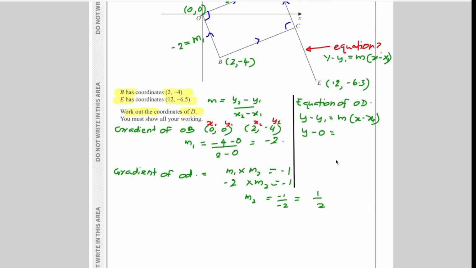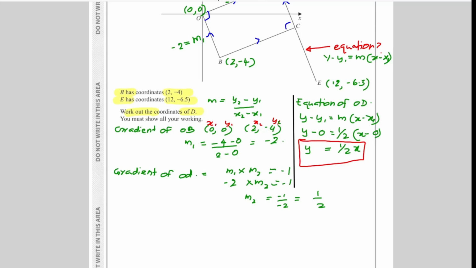So 0, our gradient is half, x minus 0. Then our equation comes as y equals half x. So this is our equation of OD. Right. We are done with one equation.